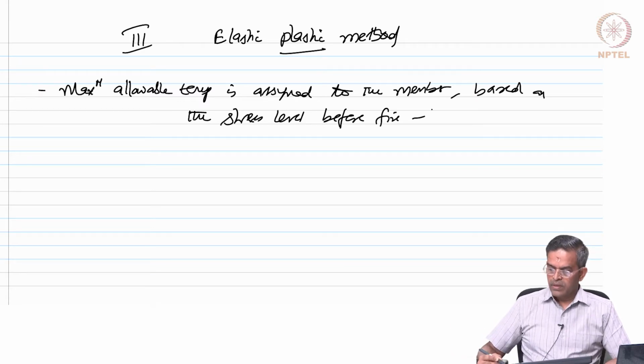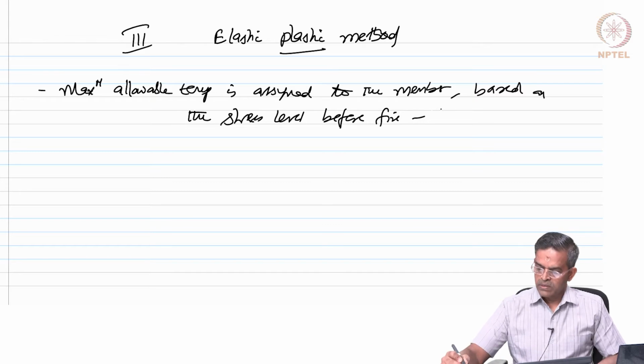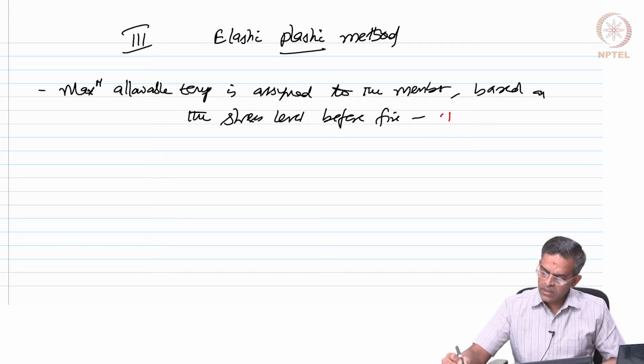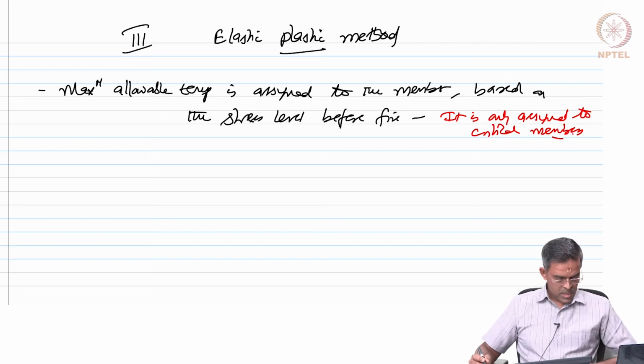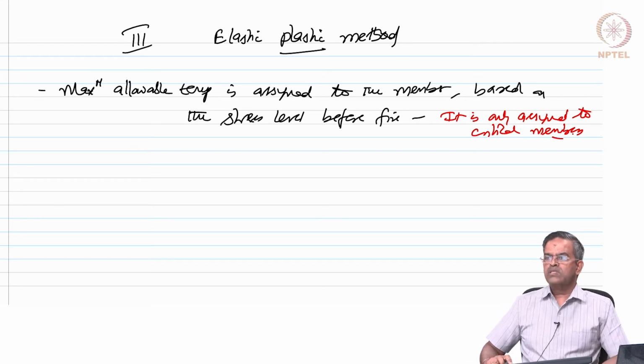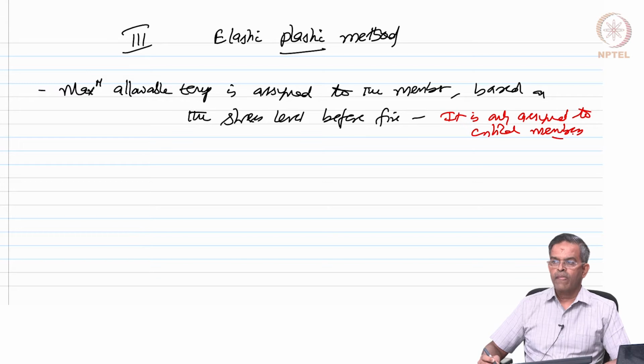Friends, this is not assigned to all the members, it is only assigned to critical members. What do you mean by critical members? The members whose stress level is maximum before fire.